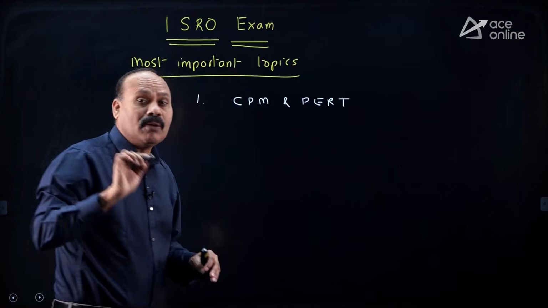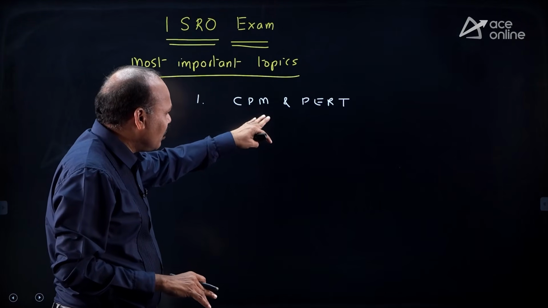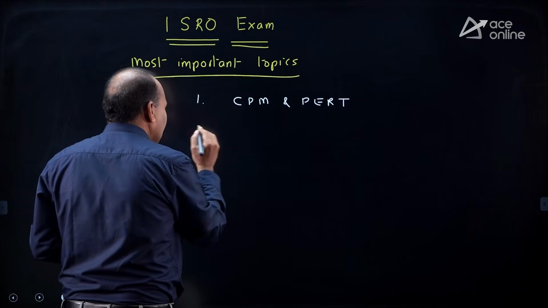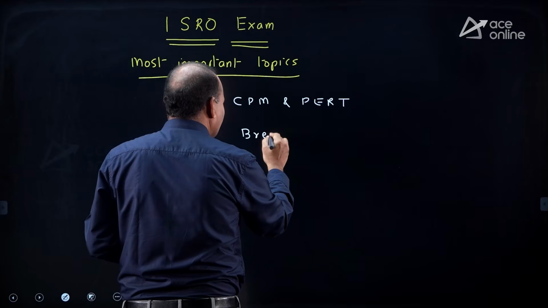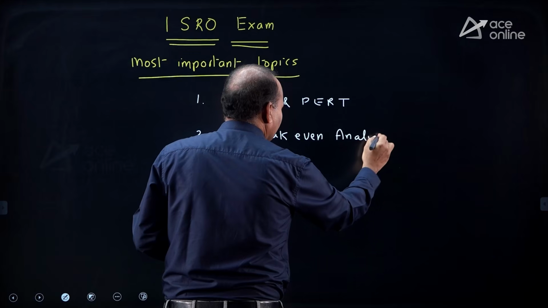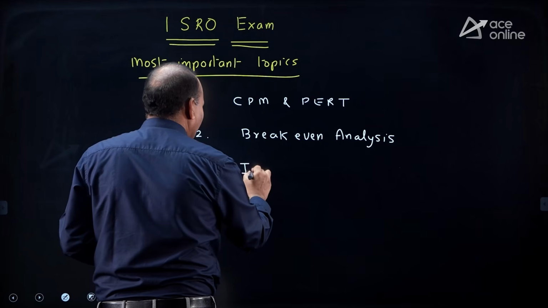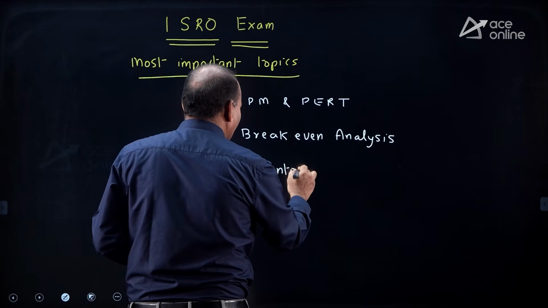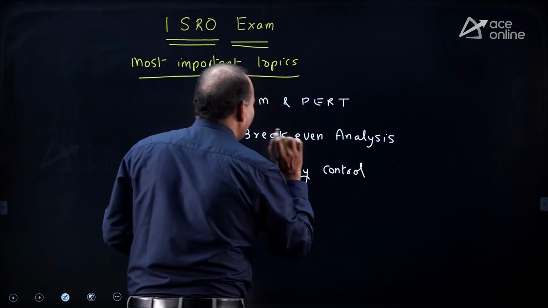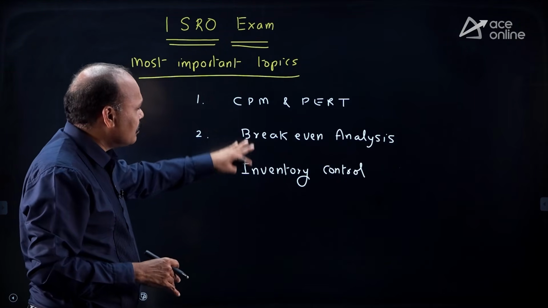If you complete CPM and PERT, you can get 1 or 2 questions. In the previous year question papers, you can find questions from only this heading. The next important topic is break-even analysis. Third one, inventory control. From the previous question papers, I can say these 3 topics are important.